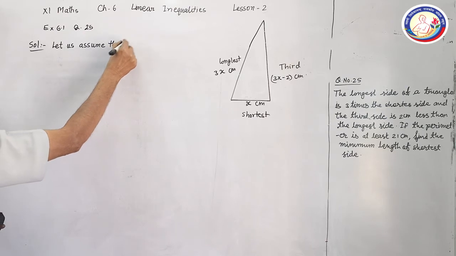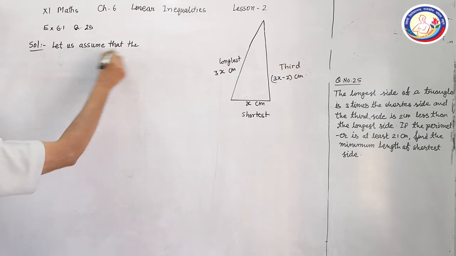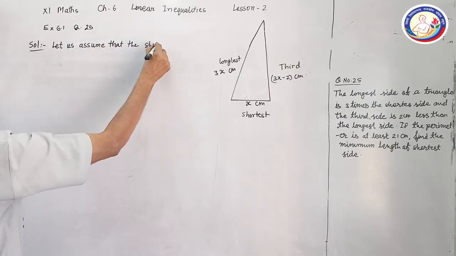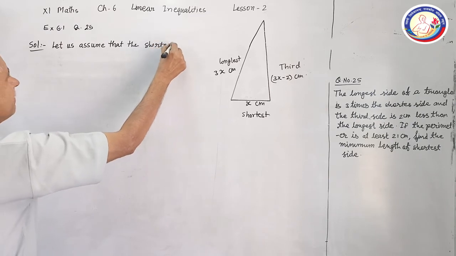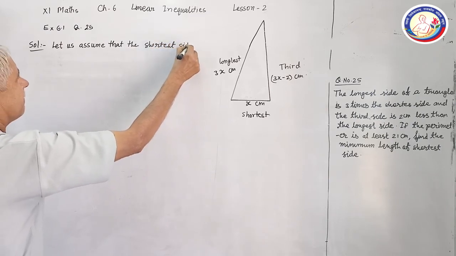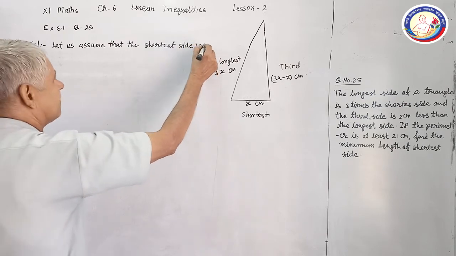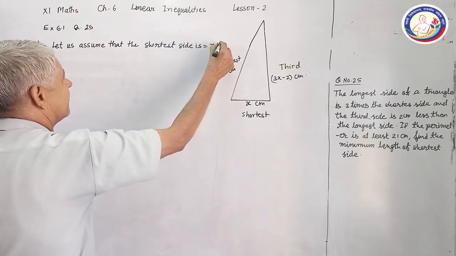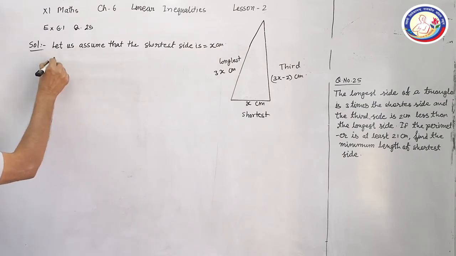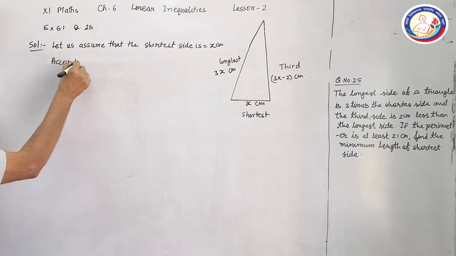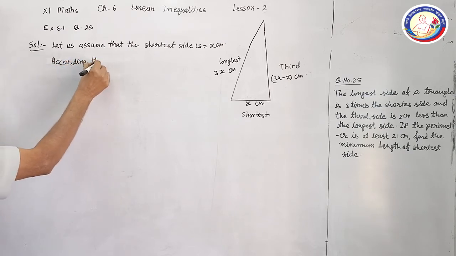The shortest side is x centimeter, as given in the given condition.